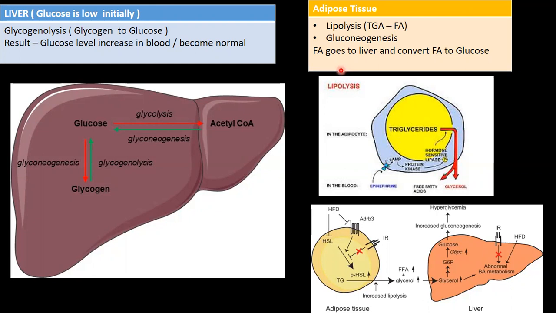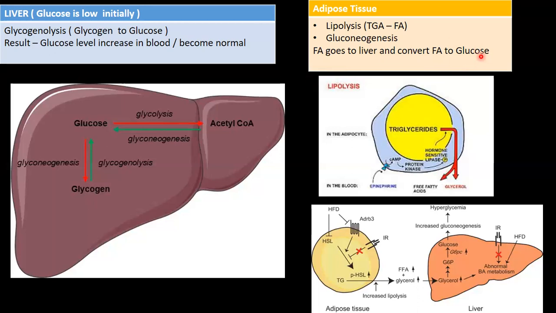The fatty acid goes to the liver, and it gets converted, and that converts into glucose.